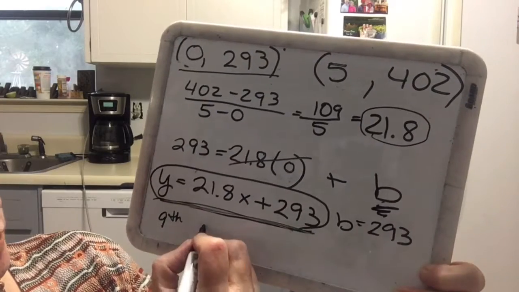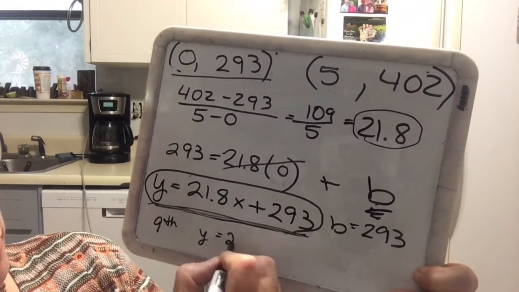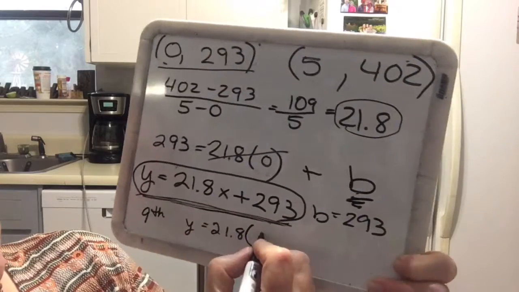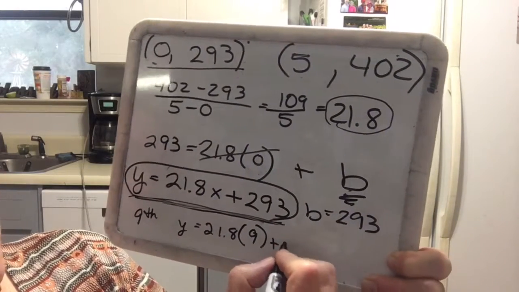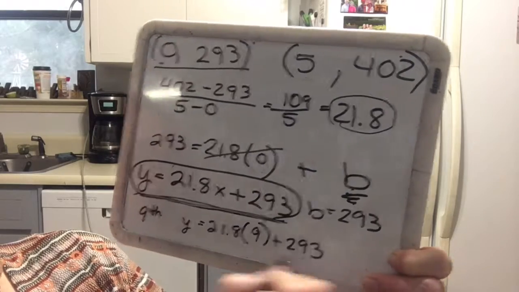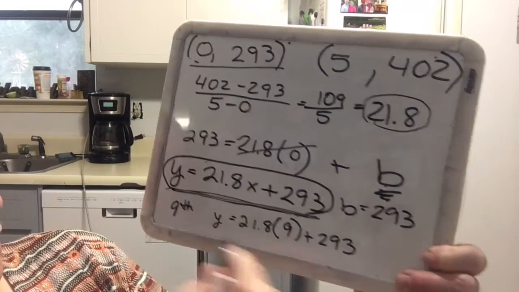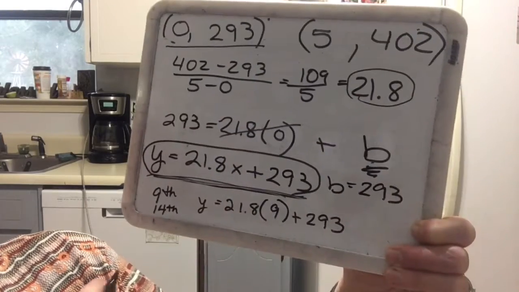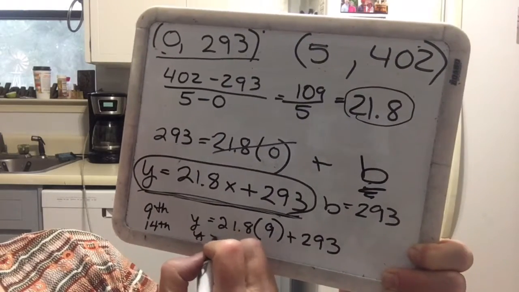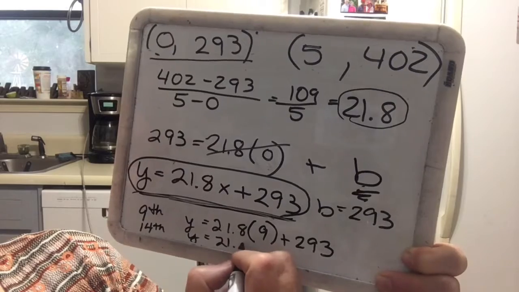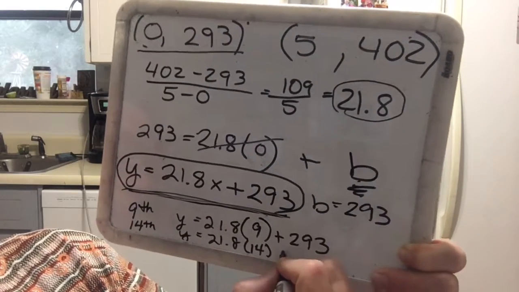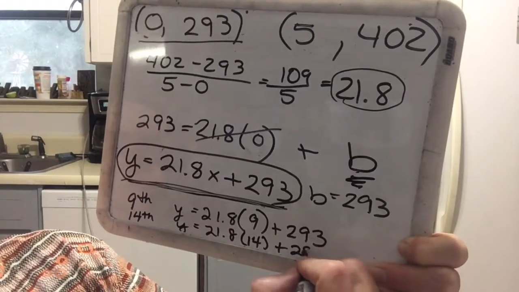So for the 9th year, we have y equals 21.8 times 9 plus 293. And then for our 14th year, which I'm going to write here, we get y is 21.8 times 14 plus 293.